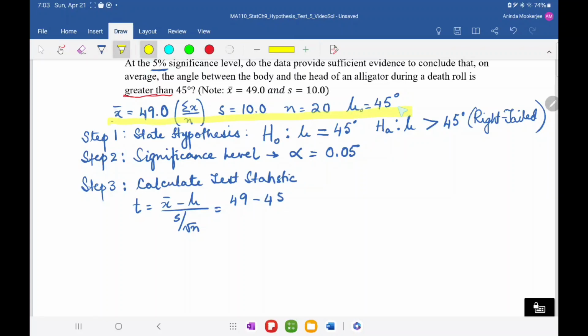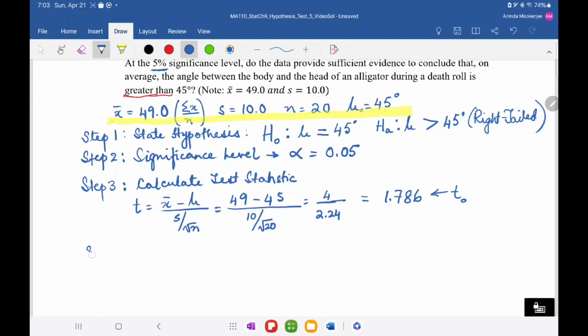And then s is 10, divided by square root of 20. So that's 4 divided by 2.24, which is what the denominator comes to when we divide 10 by square root of 20, and we end up with a test statistic value of 1.786. That's t sub 0. Now that completes step 3.